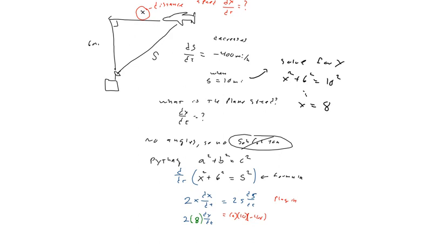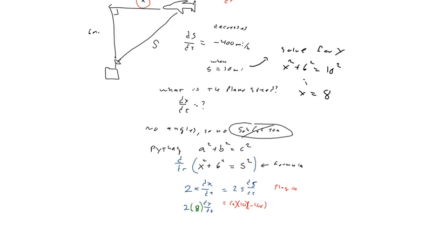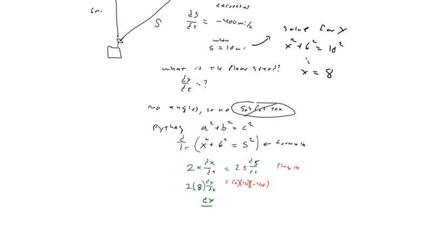Solving this, you get negative 8,000 divided by 16 dx/dt, so dx/dt is negative 8,000 divided by 16, which is negative 500 miles per hour.